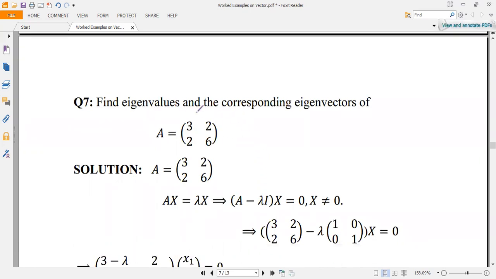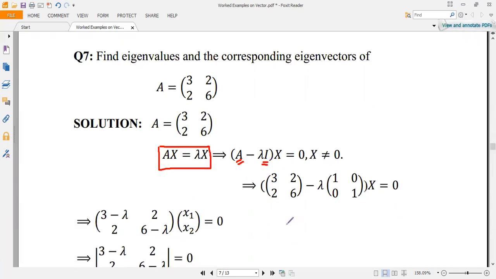Given a matrix A, we can find the eigenvalue and the corresponding eigenvector by using this: AX is equal to lambda X. Moving this to the other side, it becomes (A minus lambda I)X is equal to 0, where X is different from 0, and I is an identity matrix which has the same order as the matrix A. If A is a 2 by 2, then I is a 2 by 2 identity matrix. If it is 3 by 3, then it becomes a 3 by 3 matrix. So substituting, it becomes this.